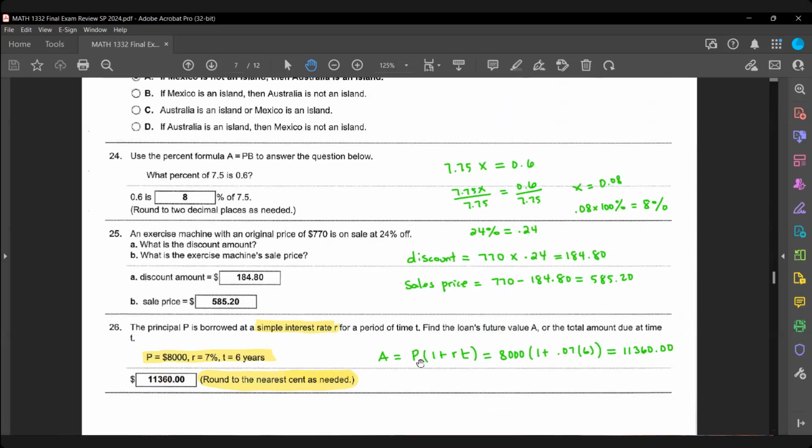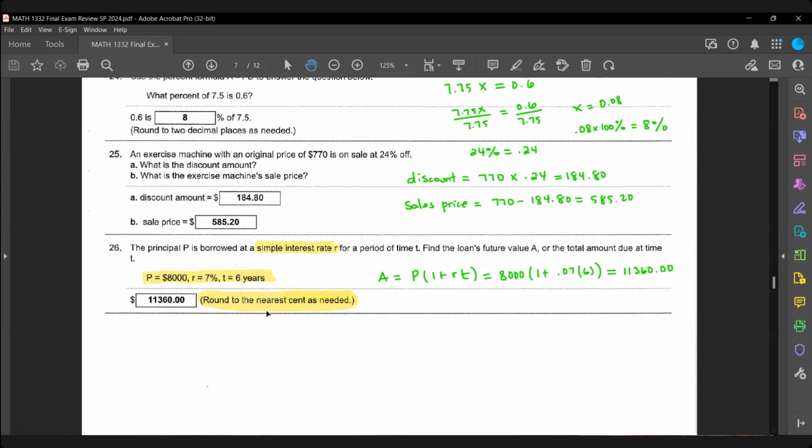The important thing about this formula is that A represents the future value, P is the present value, R is the annual interest rate, and T is time in years. So there's an initial investment of 8,000 at 7%. Notice that in the formula it is 0.07 for 6 years, and carrying out this computation on the calculator yields 11,360. As we're talking about money, 0 cents.